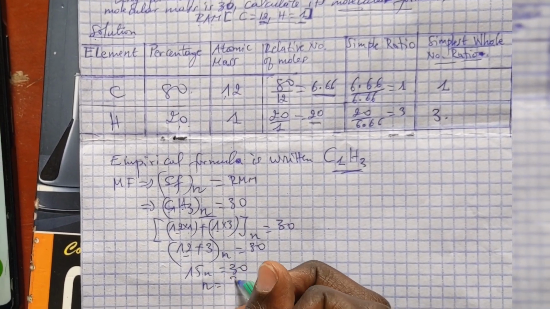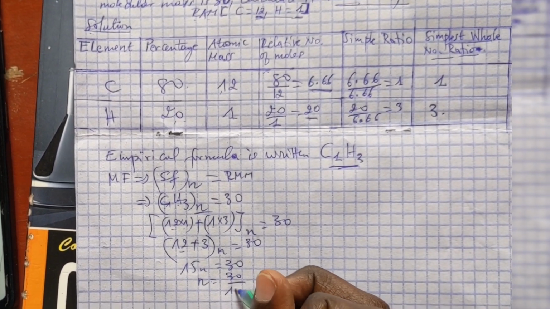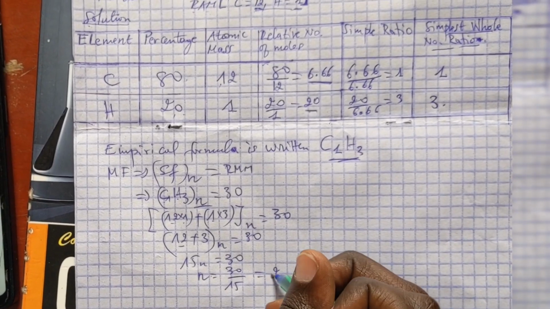So n must be 30 divided by 15, which is equal to 2.